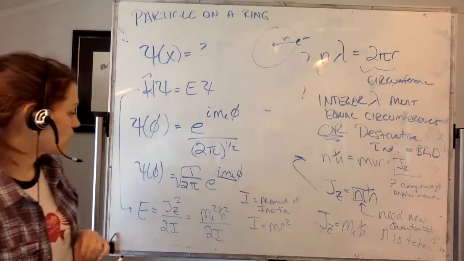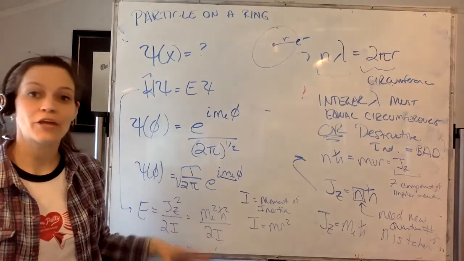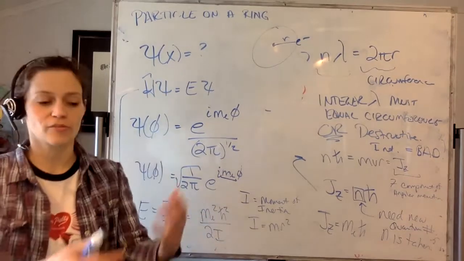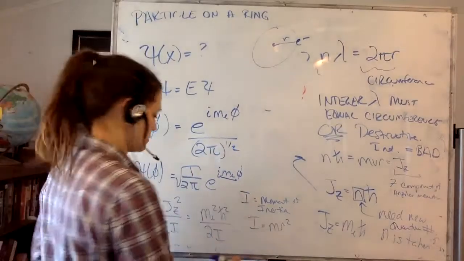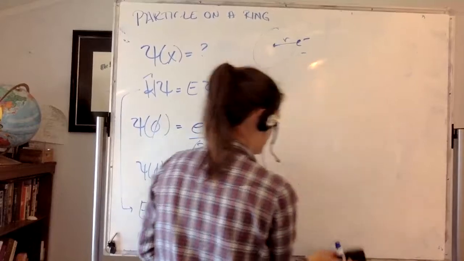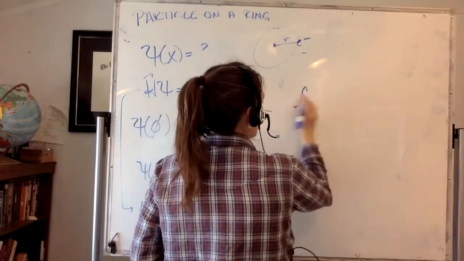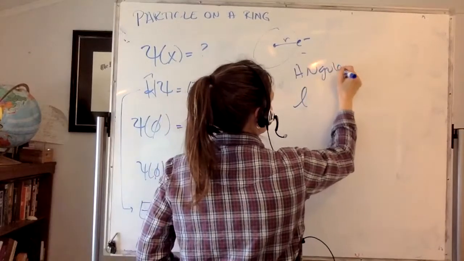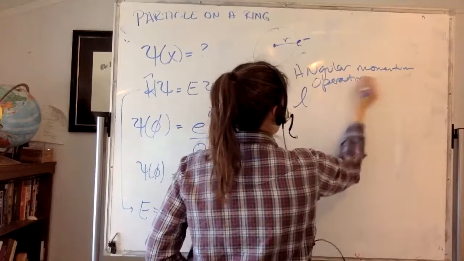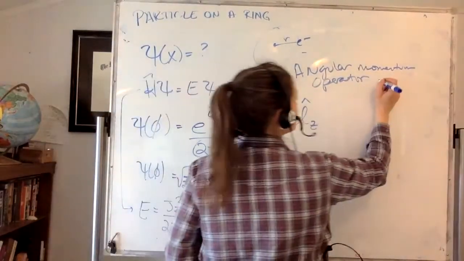All right. Other thing I want to say is, if I wanted to know some information about the angular momentum, I also have an angular momentum operator that would yield the angular momentum observable. And in the z direction, because again, we have angular momentum in the x, the y, and the z direction, the angular momentum operator is L hat sub z, and this is for the z direction.